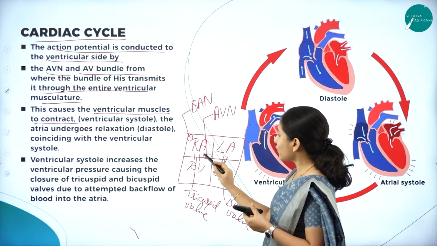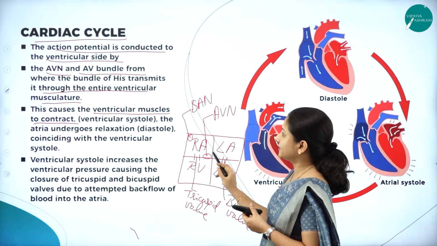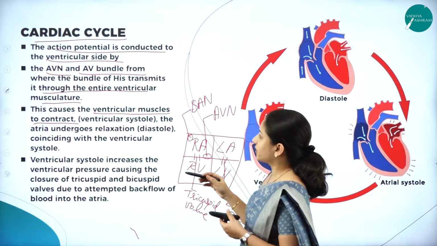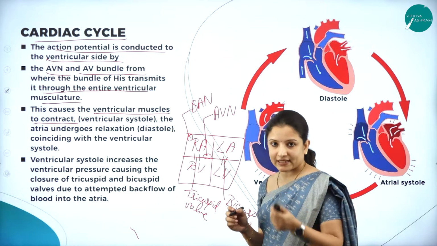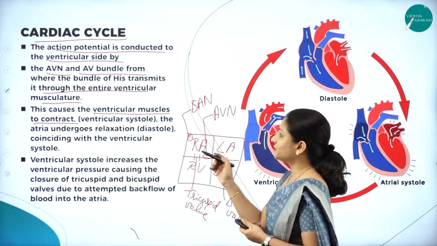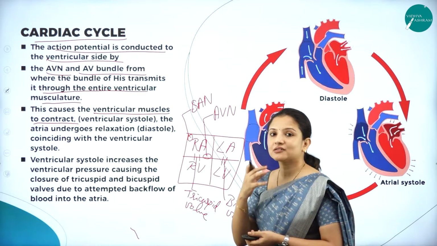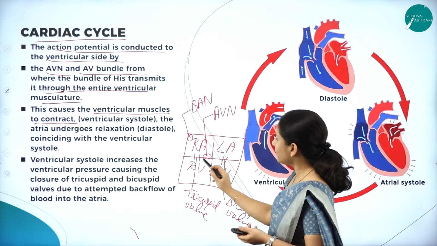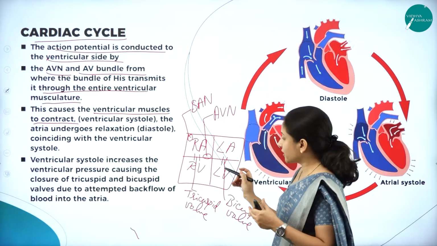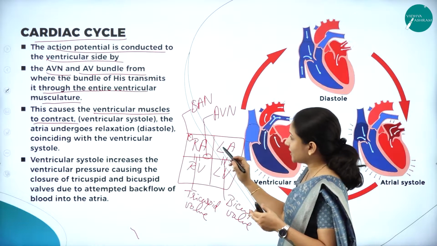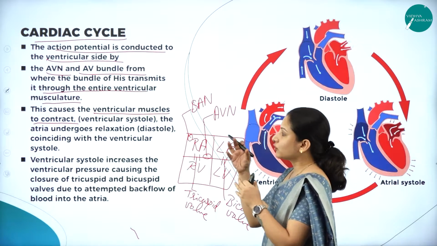By the atrioventricular node, and then the bundle of His, also called the His bundle, transmits the impulse, or the action potential gets transmitted, to the entire ventricular musculature. When the action potential gets transmitted to the entire ventricular musculature, what happens? It causes the ventricular muscles to contract.